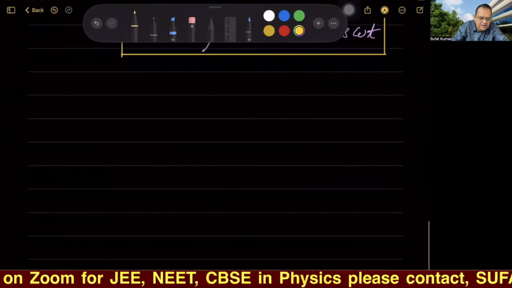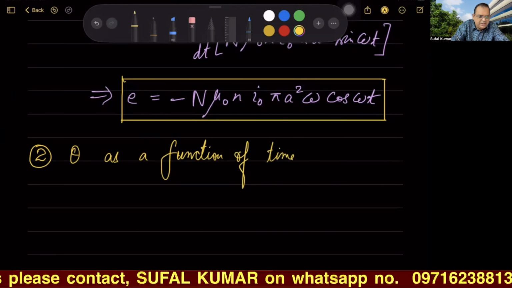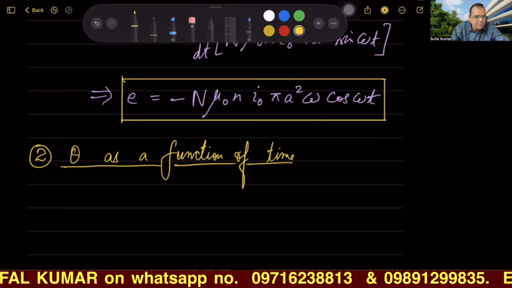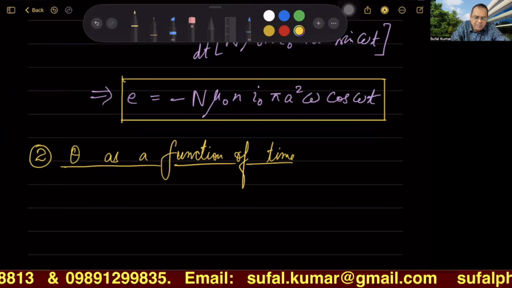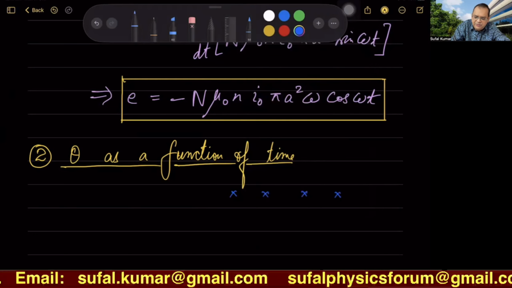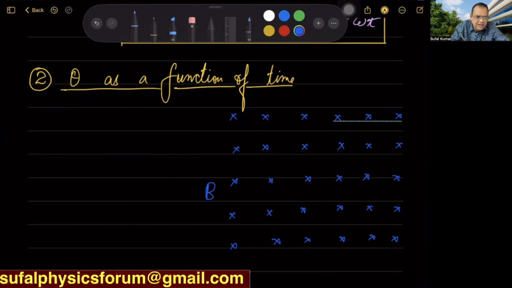Now the second method, theta as a function of time. This is also quite popular. For this, I'll have to show a magnetic field into the plane.